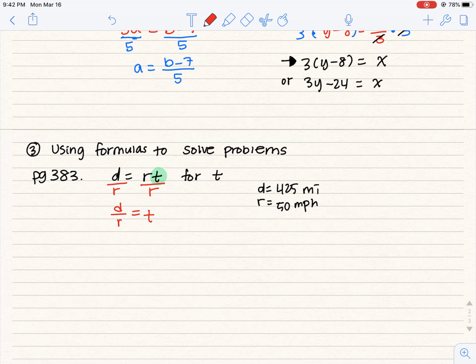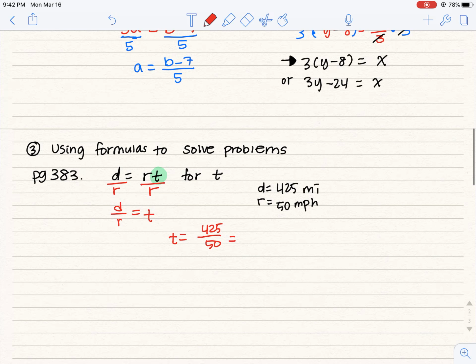So I'm going to do time equals distance over rate. Now if you divide that, it's going to be 8.5 because it's 425 over 50.